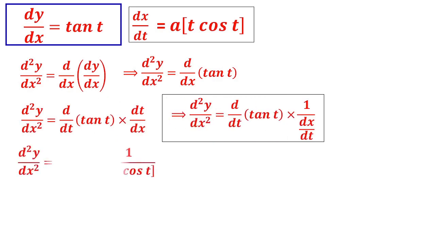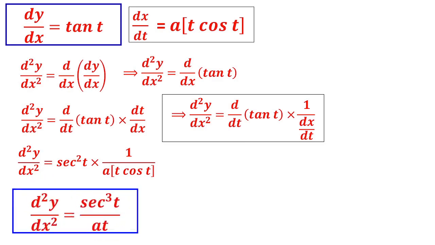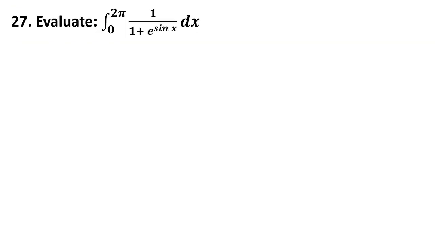It is 1 upon dx by dt, which you already have. d by dt of tan t is secant square t, and 1 upon dx by dt is 1 upon a into t cos t. I get the answer as secant cube t upon a t. Be careful with these problems. If you want the second derivative of parametric equations, simplify the first derivative and then go to the second derivative.